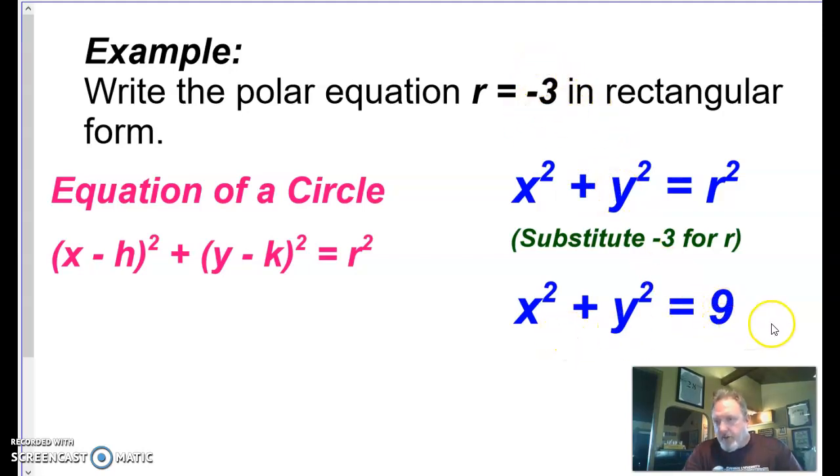So right there, x squared plus y squared equals 9. Again, with our polar graphs like this, if it's r equals a number, they're always centered at 0, 0. So we're not going to have to worry about h and k being anywhere but at the pole. And so we can just square the radius and write our circular equation like we did right there.